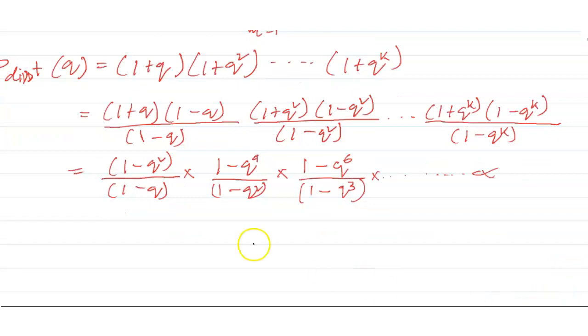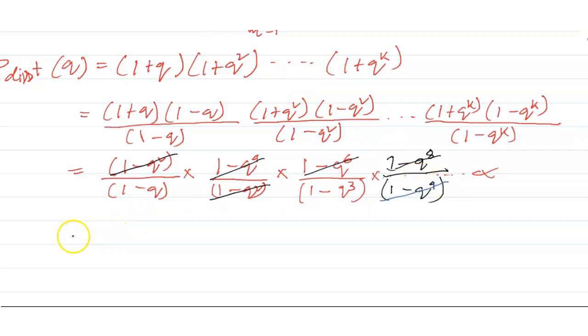So friends, we can write this way, and now we just cut this portion, 1 minus q square, 1 minus q to the power 4. You can get also in here 1 minus q to the power 4 divided by 1 minus q to the power 8. And these portions are also cut.